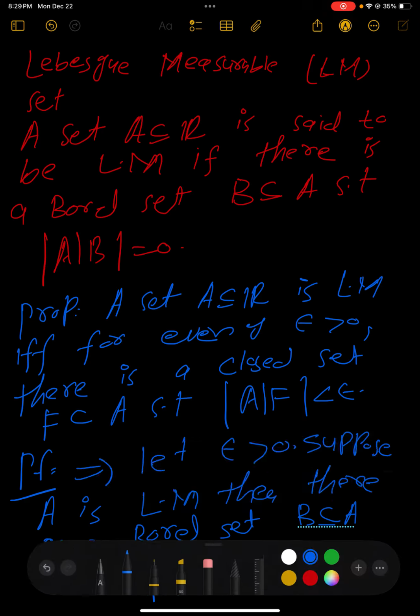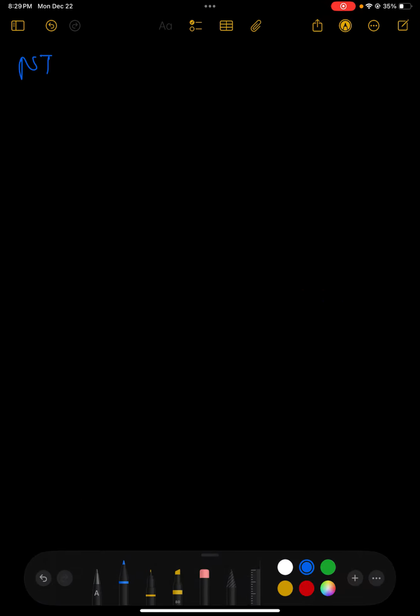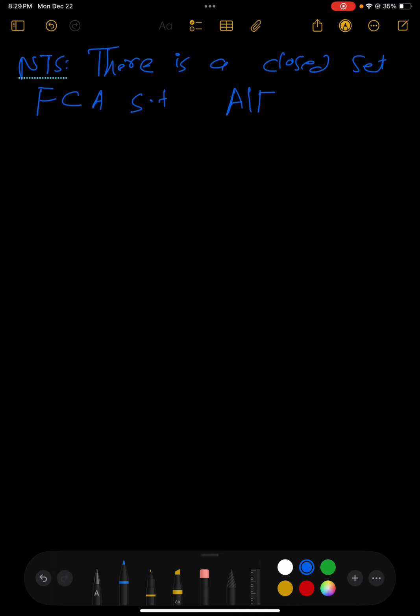What we need to show is that there is a closed set F in A such that the outer measure of A difference F is less than epsilon. That's very easy to show.